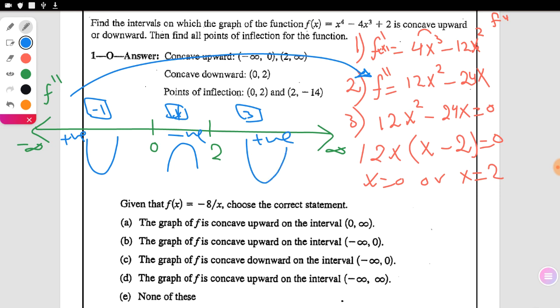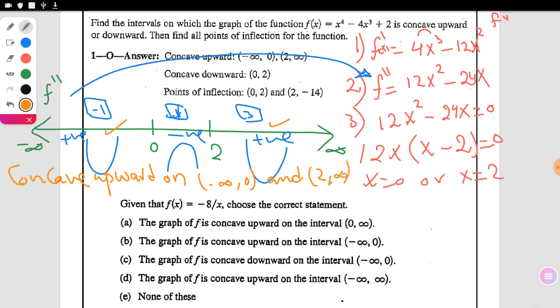So right now, the intervals in which the function is concave upward or concave downward. Concave upward on which interval? That is the first one, negative infinity and 0, and another open interval, 2 and infinity.